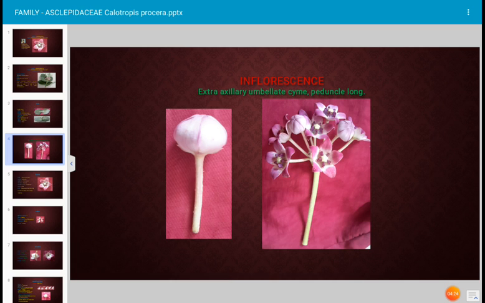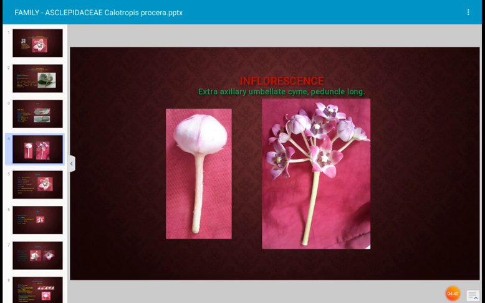Next slide. This is the inflorescence of Calotropis procera. See in the photograph. This inflorescence is an extra-axillary umbellate cyme inflorescence. What is umbellate cyme inflorescence?